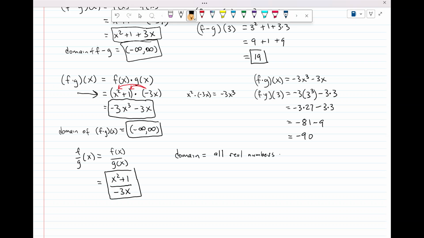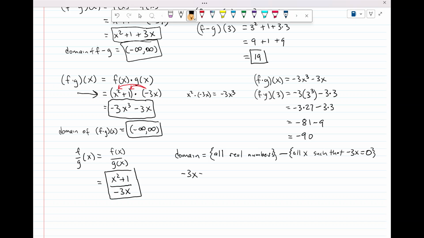But we have to get rid of all x such that negative 3x, the denominator, is equal to 0. So we're going to take all real numbers except for any x value where negative 3x is equal to 0. Now to figure out when that's true, let's just solve this equation.